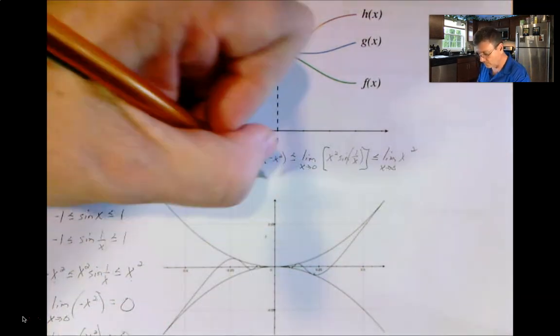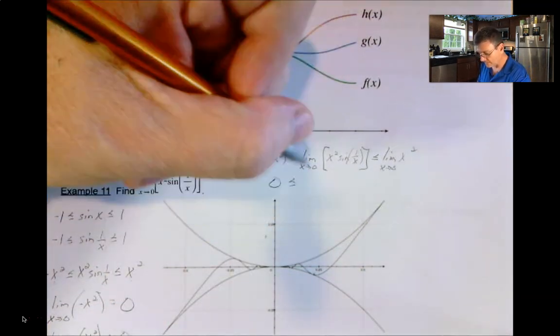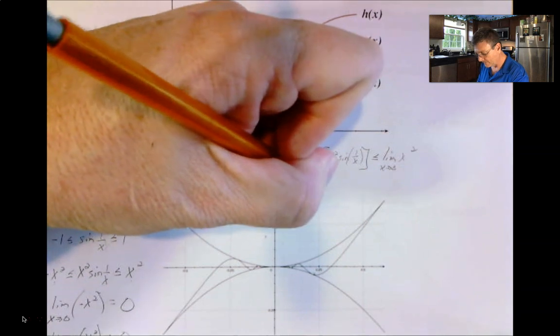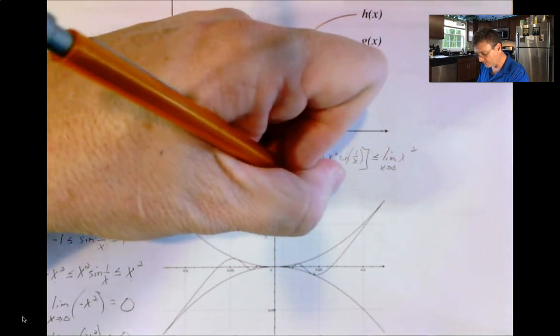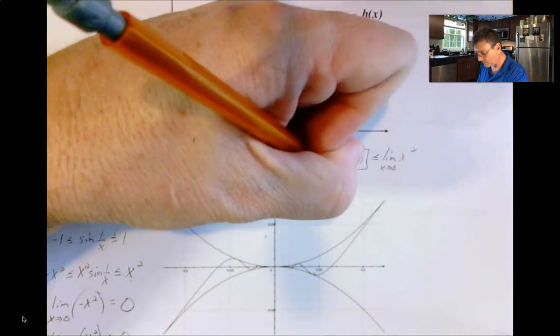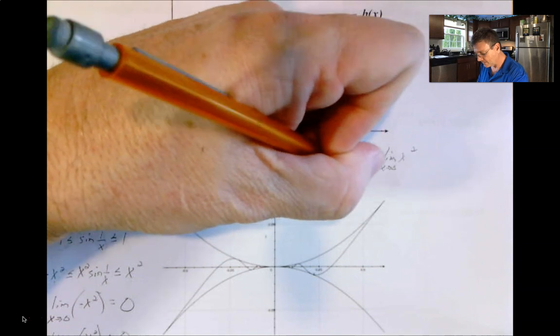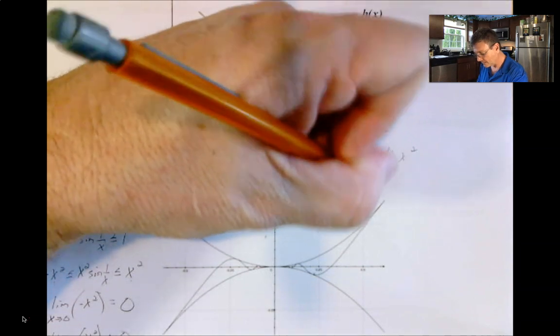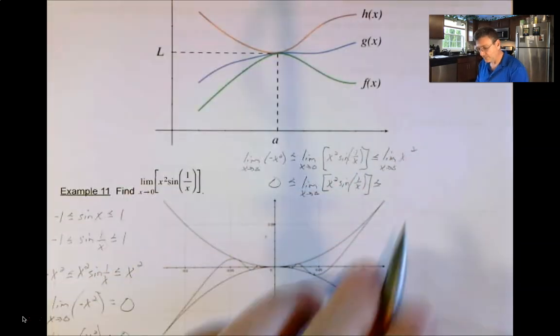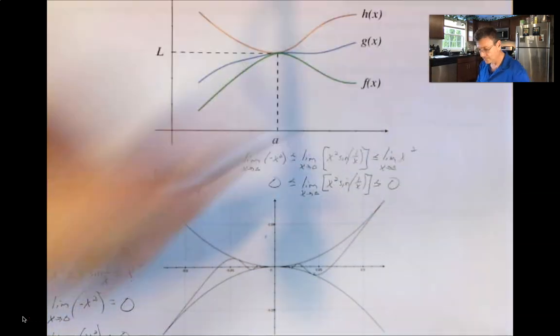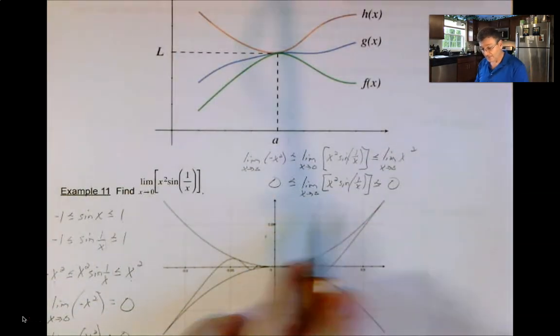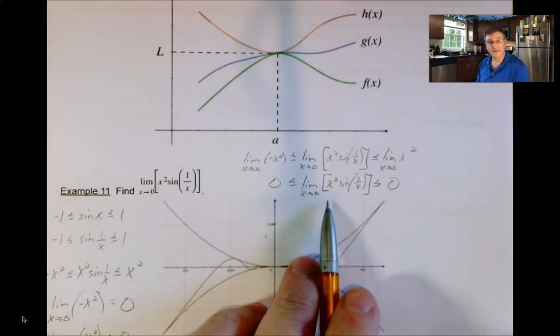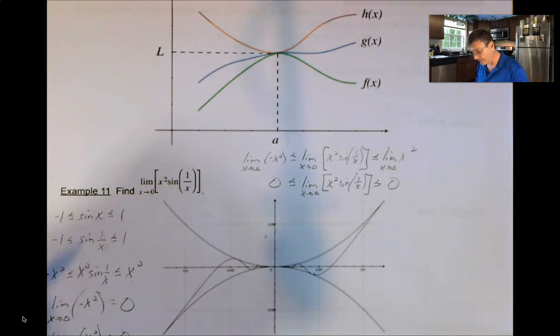This is 0, and this one is 0. This one has to be 0. It doesn't have any other place that it could be.